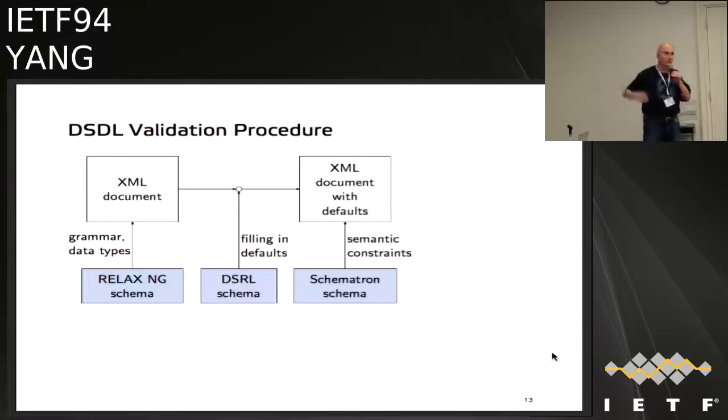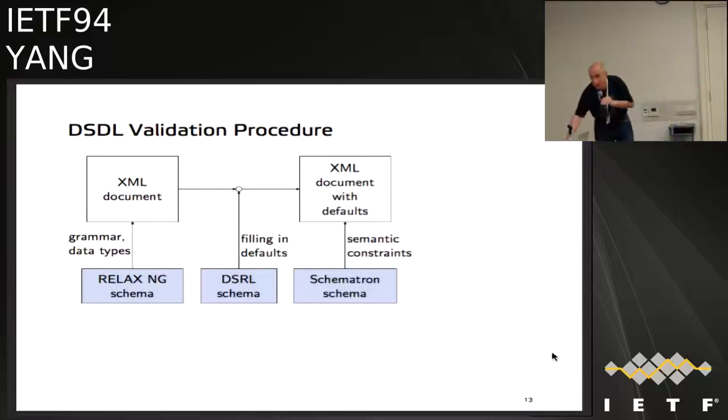You can actually use also Schematron with XML schema, but that's not official. That's just some unofficial extension of XML schema, and so that's why we decided to use the DSDL schema languages.